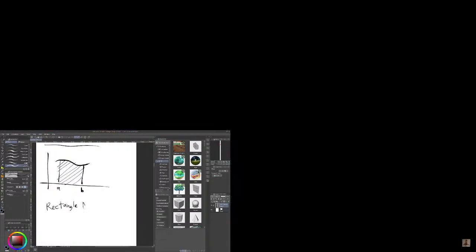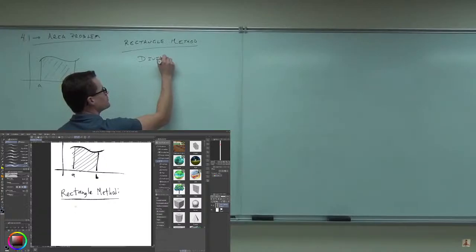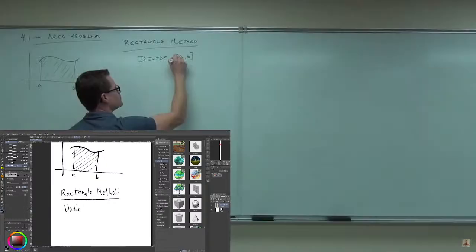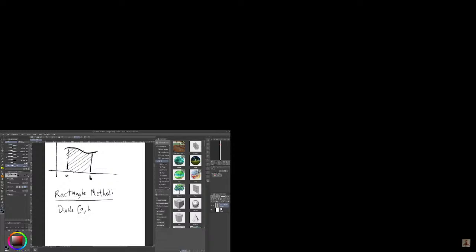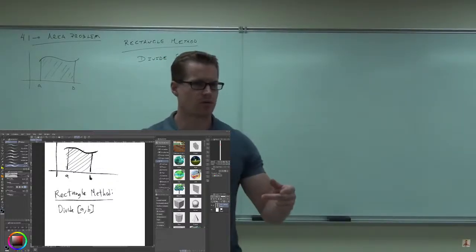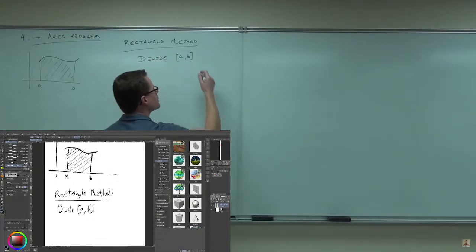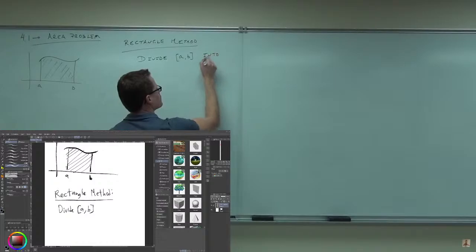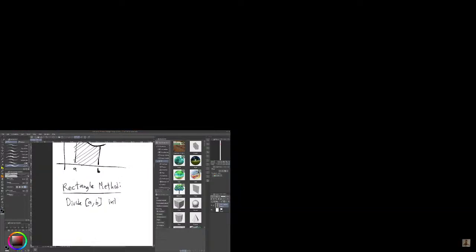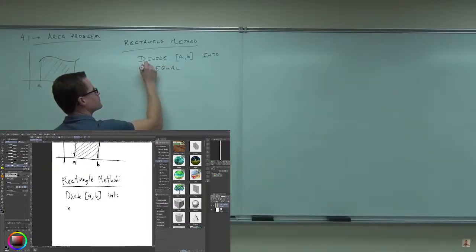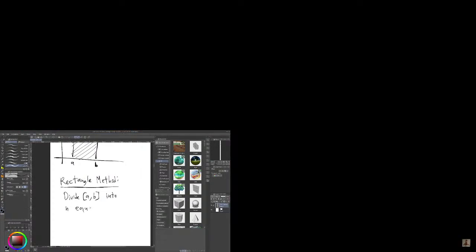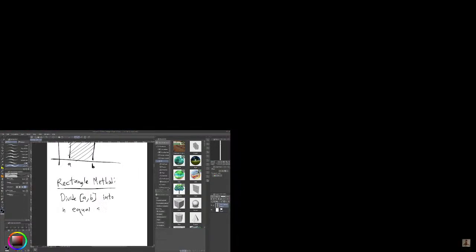So rectangle method. Rectangle method says, well, why don't you divide your interval into n, some number, n, equal subsections, equal as far as their width goes. Subsections, subintervals, whatever you want to call it.